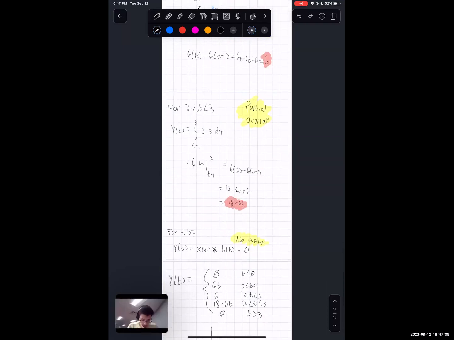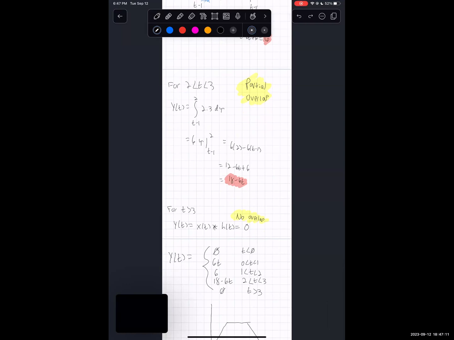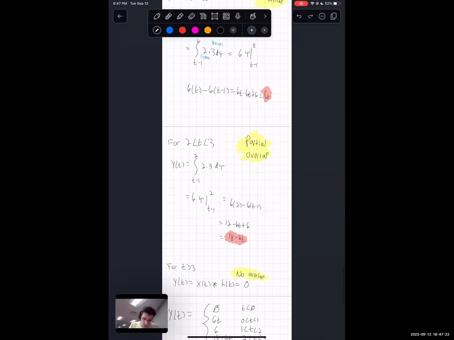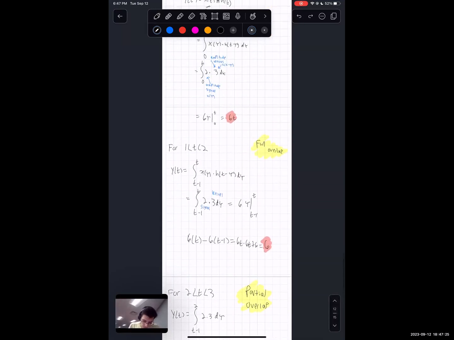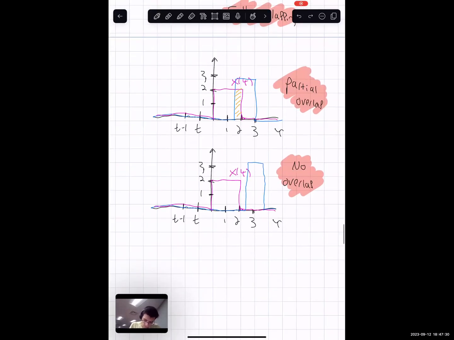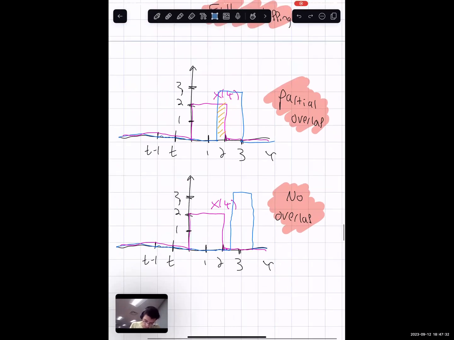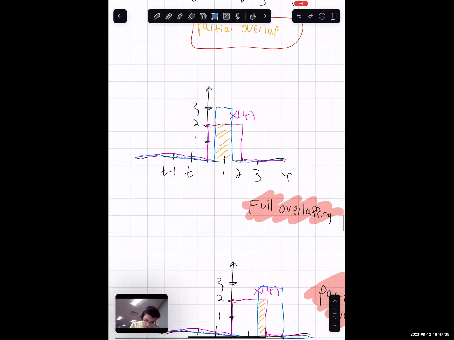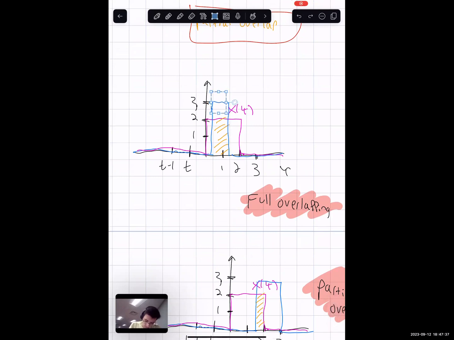I think you're on the money there, Jade. I'm trying to double check why you specifically chose those bounds for integration as opposed to, I don't know, 2 and 3 or something. Well, the reason we chose t minus 1 and t is that within here, it could be any variable, but we have to ensure that the width is still 1.